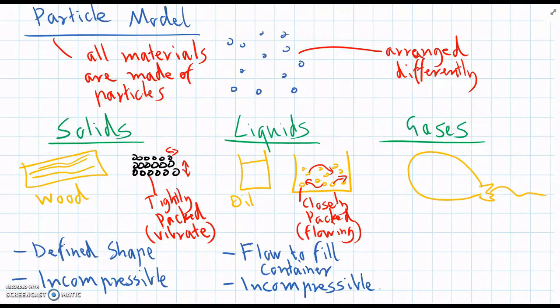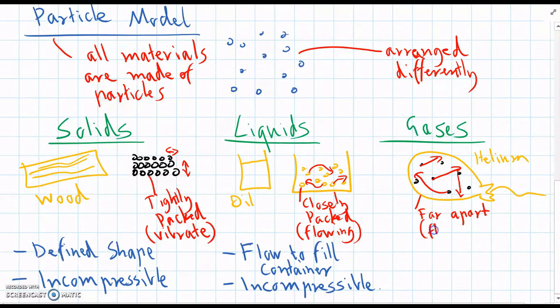If we could look at the particles of helium in a balloon, we would see that they're spread apart and they're not close to each other at all, and they're flying around really quickly inside the container, which is a balloon in this case. So the particles are far apart and they're flying around.